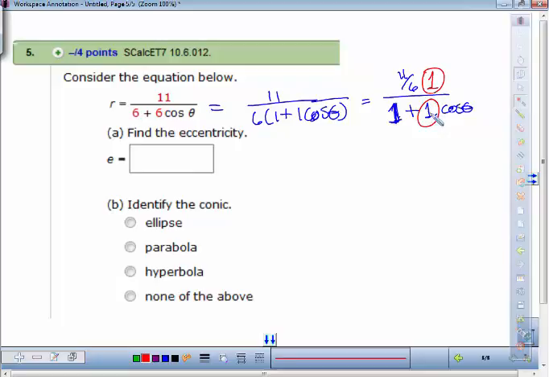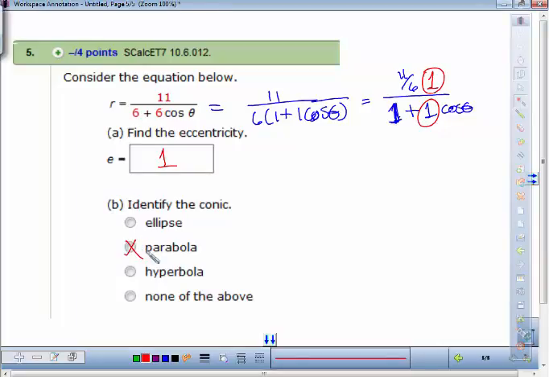So now we've identified e, and also, because this is an easy one, because the eccentricity is 1, then d is going to be equal to this. All right, so pretty immediate that eccentricity is going to equal 1, and because eccentricity is equal to 1, what's your conic section shape?